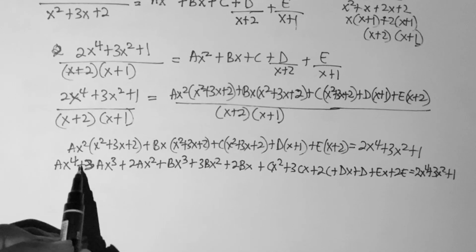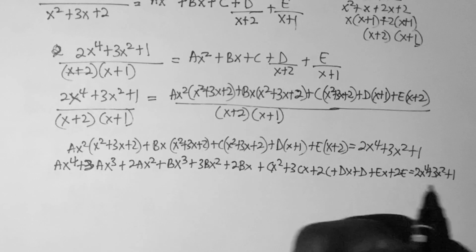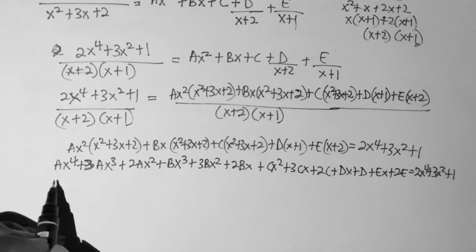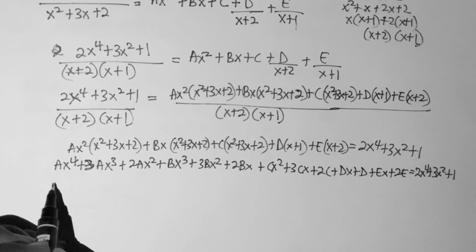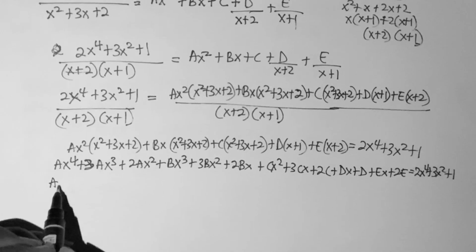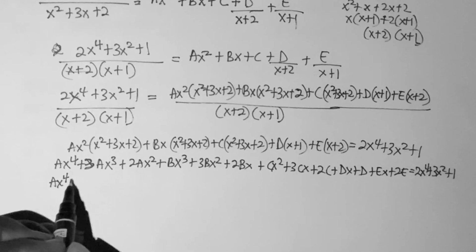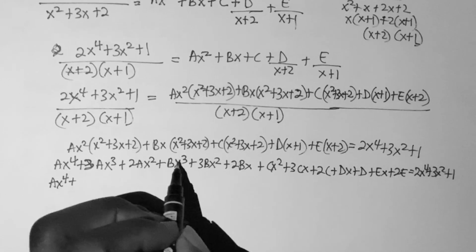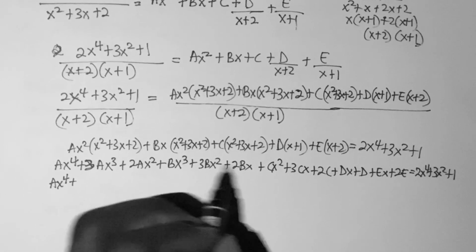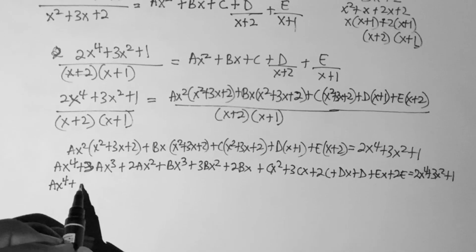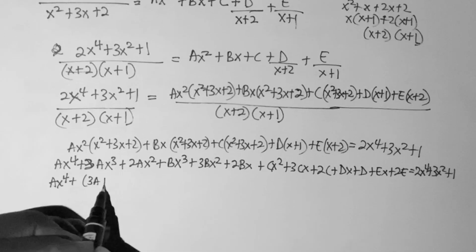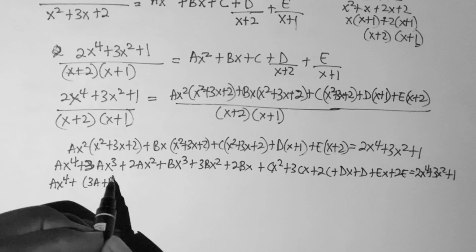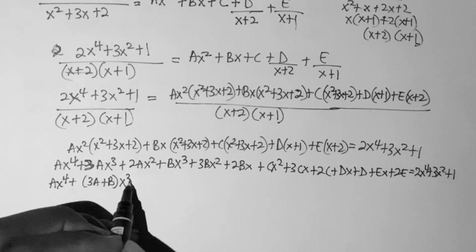So here's a x^4. There's no other x^4 in this equation. So let's write it here: x^4. Then plus, here's x^3, there's none either. So we have plus (3a + b)x^3.